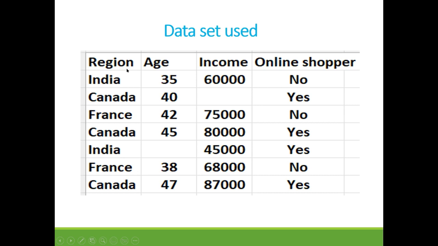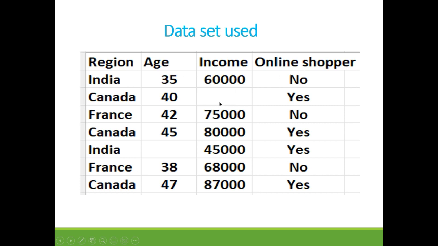What is the age of the person, to which region the person belongs, and what his or her income is will decide whether the person will go for online shopping or not. So that's why the online shopper variable is known as the dependent feature, due to being dependent upon the first 3 columns.